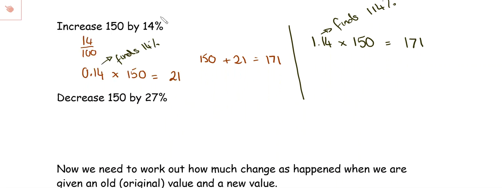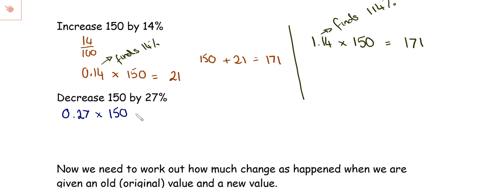Right. What about decreasing? Riley, can you do it in the most efficient manner? So that would be 0.27, yeah.